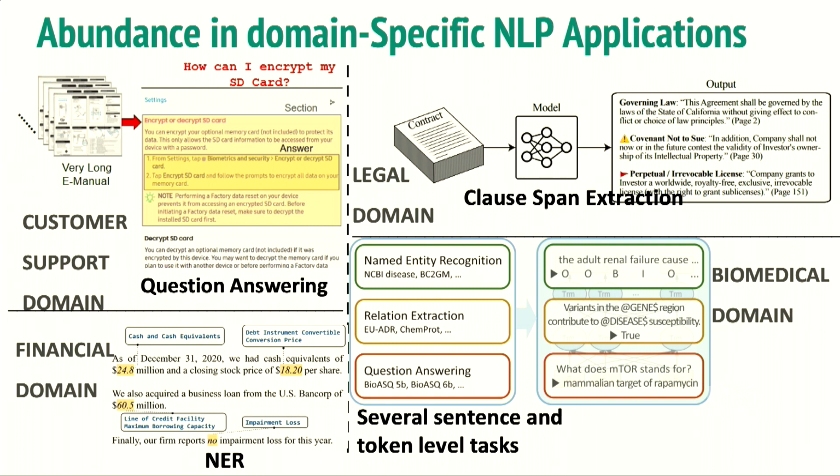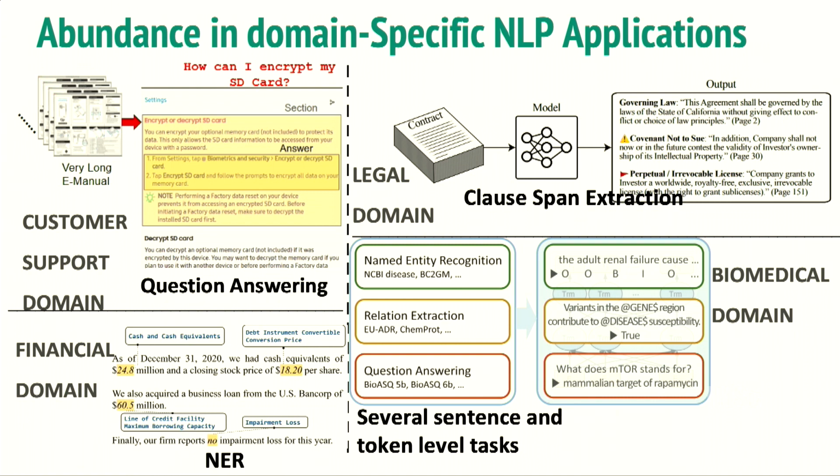Or if you think in financial domains, we may have various things like: as of December 31, 2020, we had a cash equivalent of 24.8 million and a closing stock price of 18 million per share. So now people may ask, what is this 18.2 million?